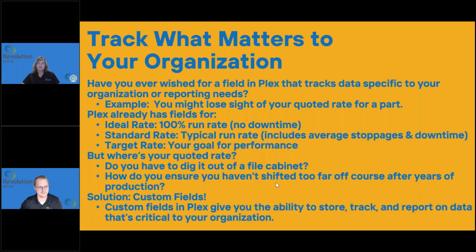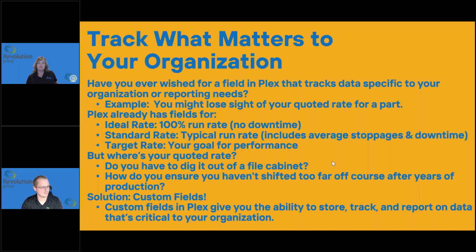Okay, so another real world example is rates in Plex, which everyone is really familiar with, I'm sure. We already have spots to put in the ideal rate, the standard rate, and the target rate. You're able to keep track of that 100% run rate, which is your ideal, the standard rate, which is what you typically run at, and your target rate, which is your goal.